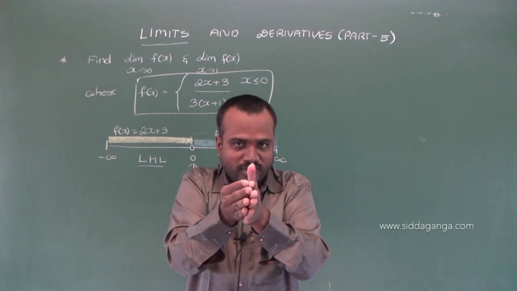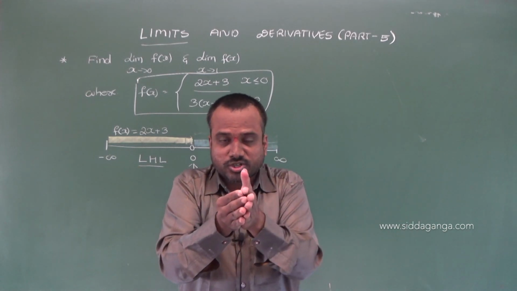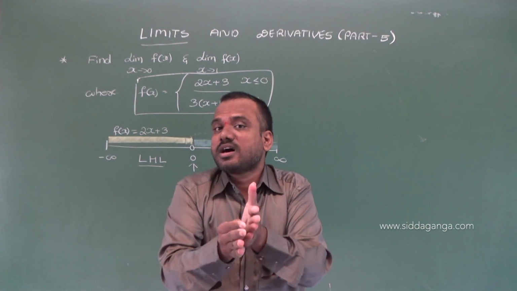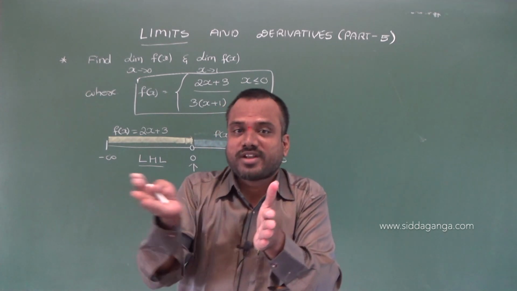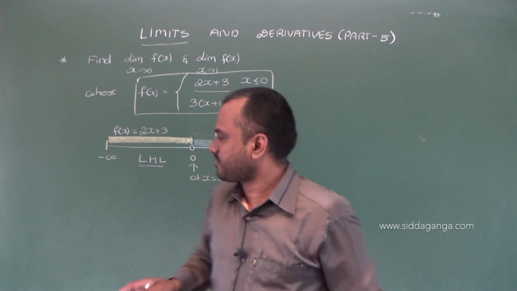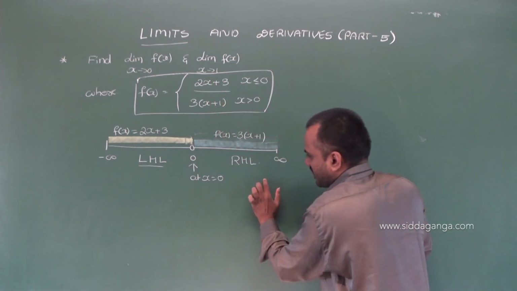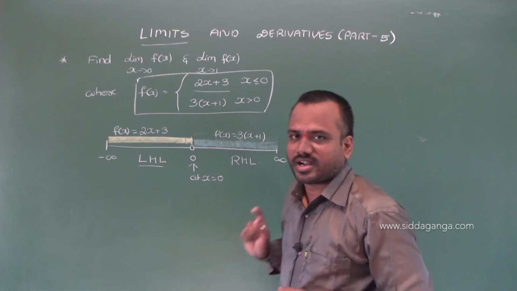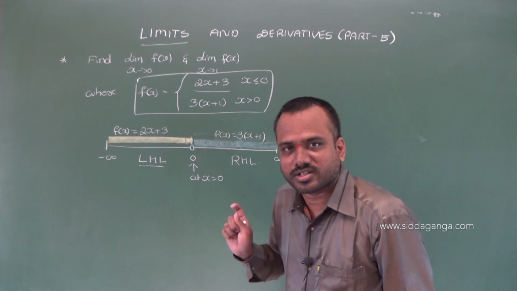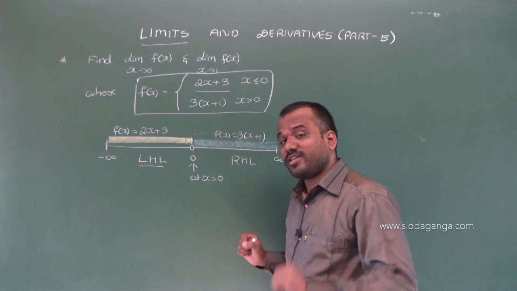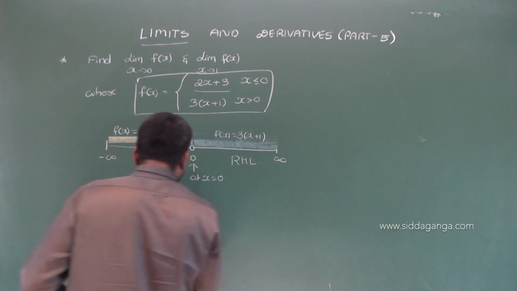In this case, we are finding the left hand limit and right hand limit. Left side approaching we call the left hand limit, right side approaching we call the right hand limit. Okay, understand?